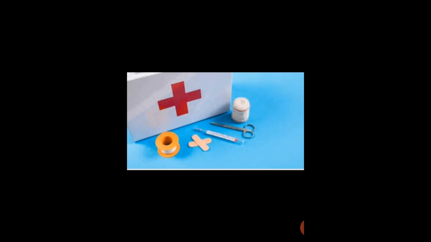Always remember that sterilized, clean cotton should be there, along with bandages, small glasses, droppers, scissors, blade and pins, forceps, a small torch, matchbox, candles, and threads. These are the items that should be present in a first aid box, with which you can provide immediate help if a person is in need of it.